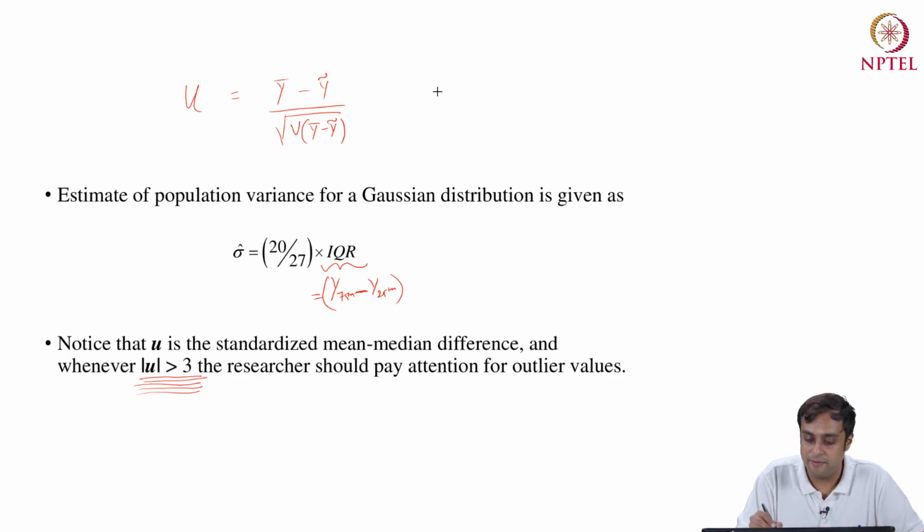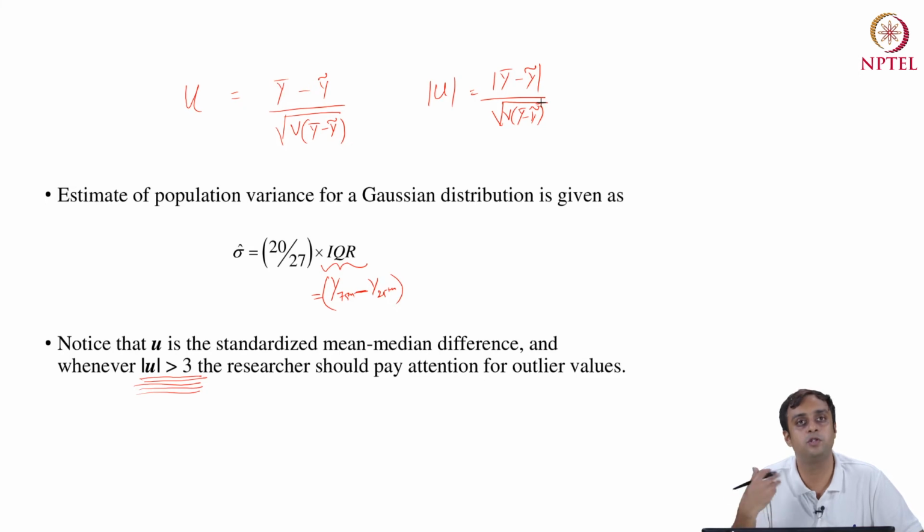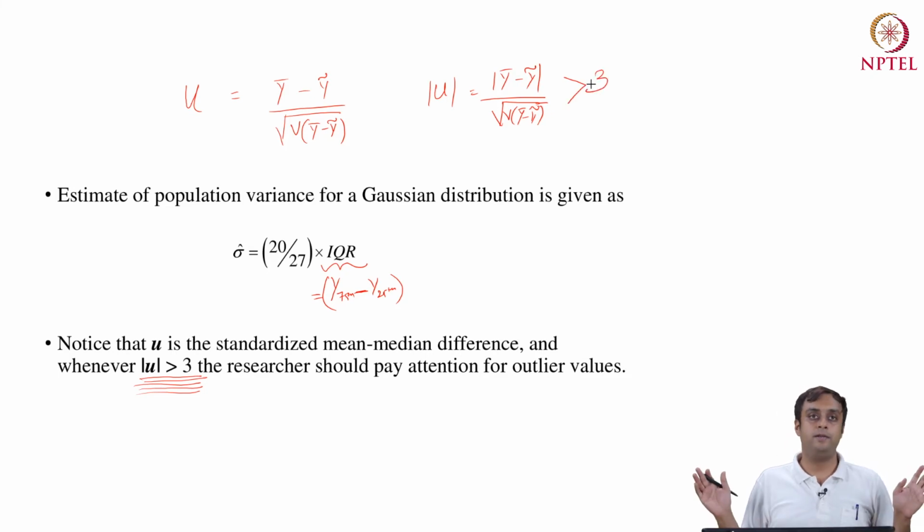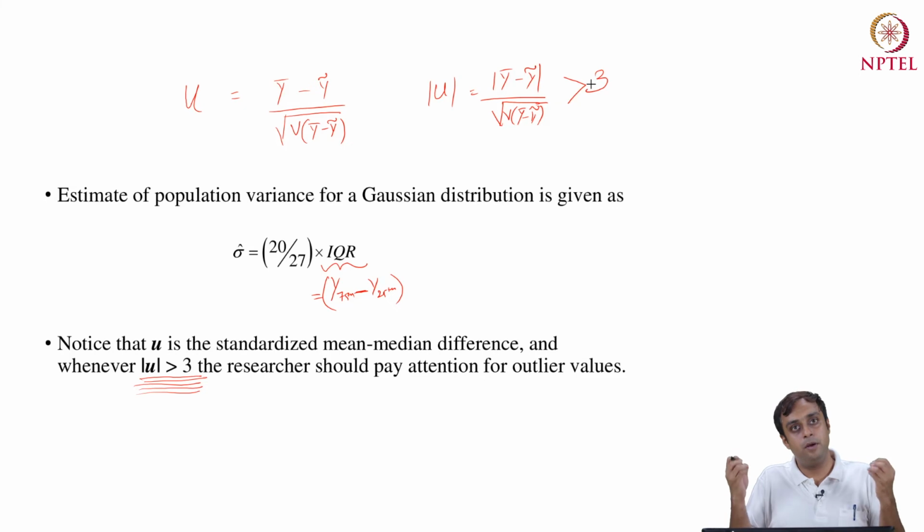And whenever I find modulus of U, which is nothing but modulus of y bar minus y tilde over square root of variance of y bar minus y tilde, okay, the denominator is obviously always positive. The numerator may be positive or negative. We are taking an absolute value. So it will always be a positive number that we are going to look at. Whenever this is greater than 3, we should be worried for outlier values or troublesome values, right? We should start to scan for them more closely in the data.